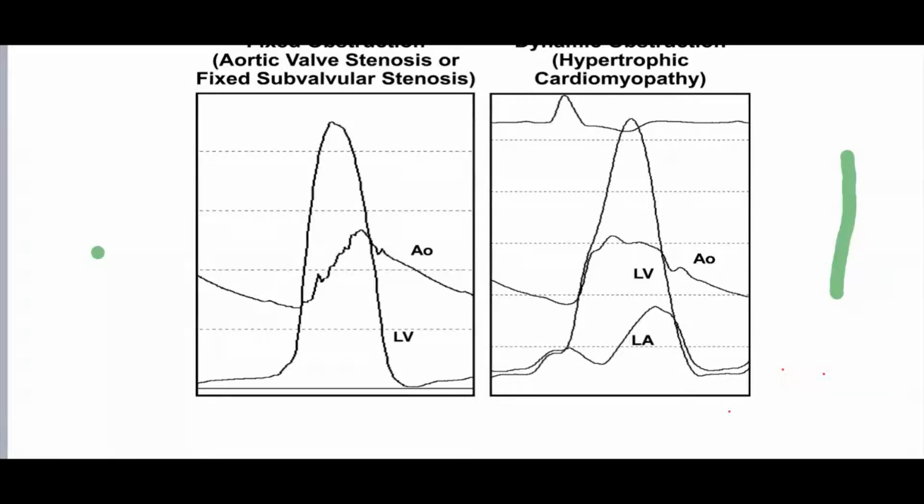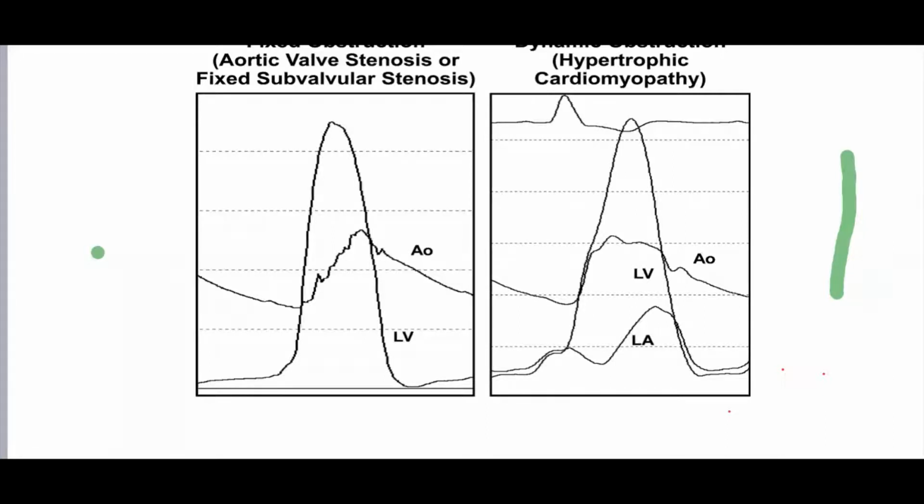It changes according to the loading condition and contractility, and it changes according to the stage of systole itself. So the initial flow might go unimpeded, but the mid and late will be obstructed. So even within a single cardiac cycle, the obstruction differs.